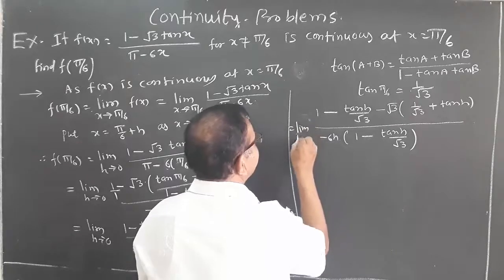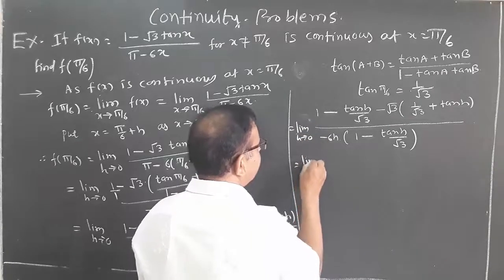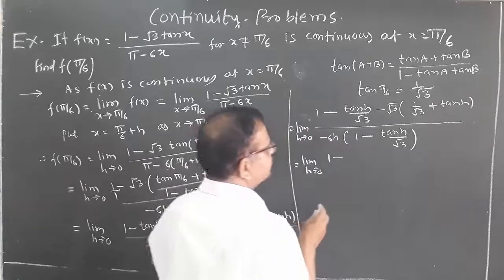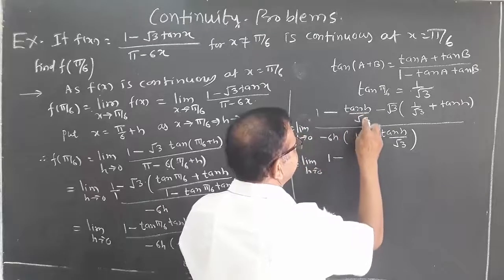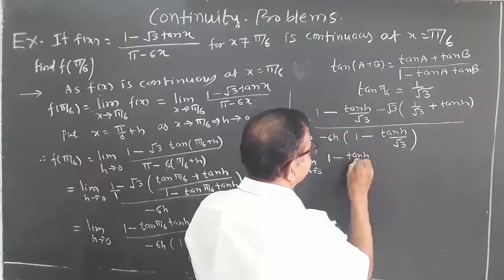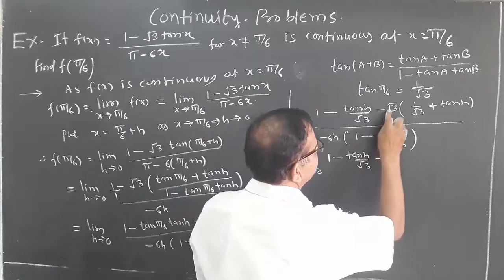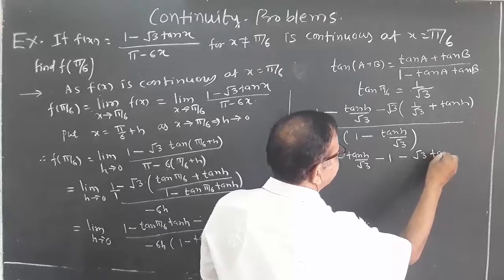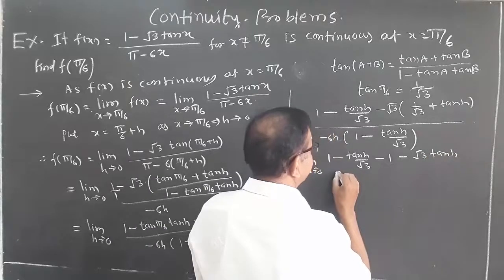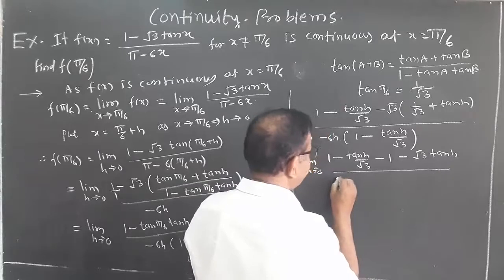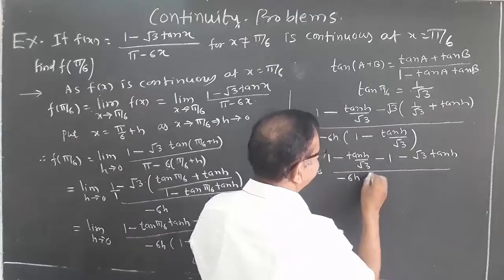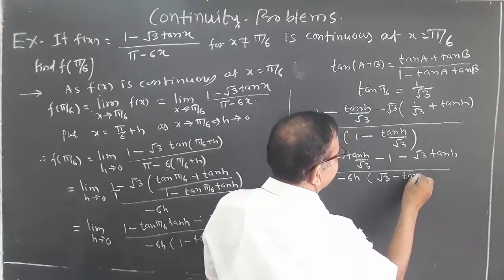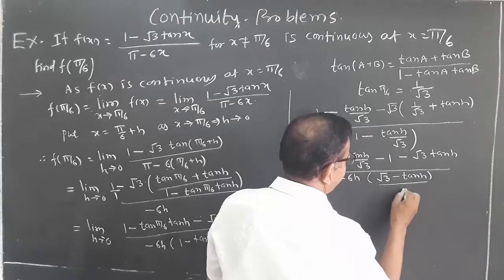limit h tends to 0 of this equals limit h tends to 0 of 1 minus tan h by root 3, minus root 3 into 1 by root 3, is 1 minus root 3 tan h, divided by minus 6h into root 3 minus tan h divided by root 3.